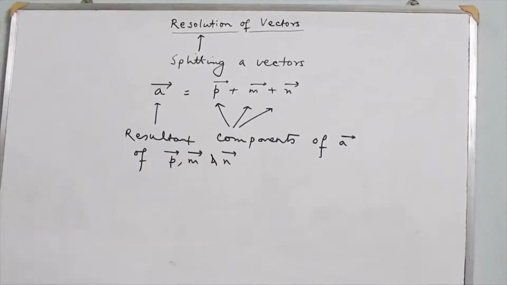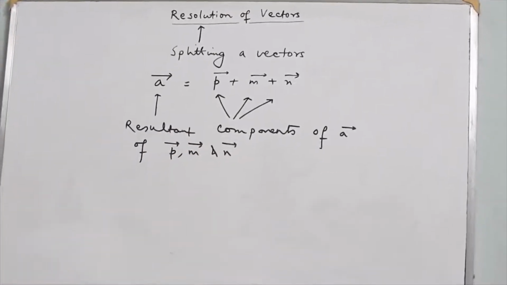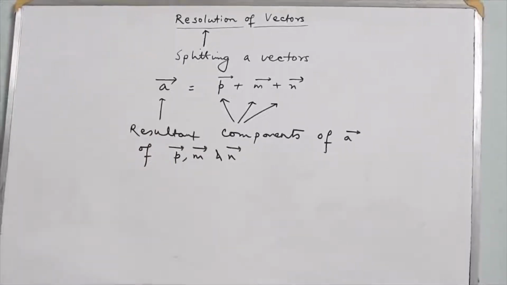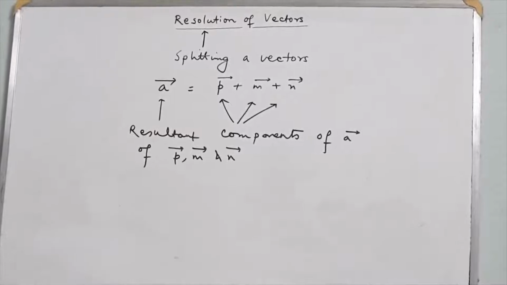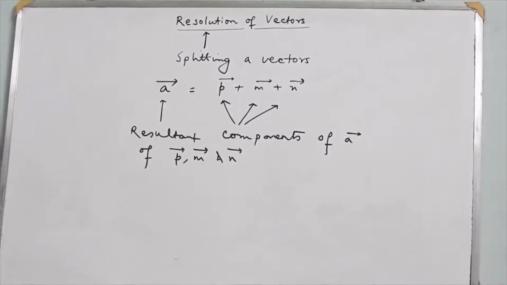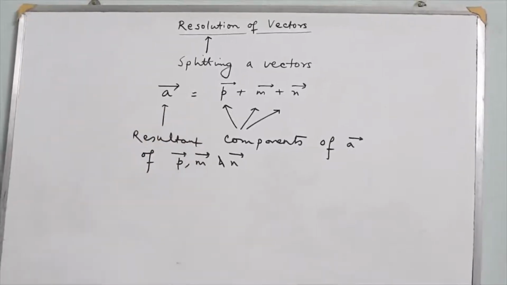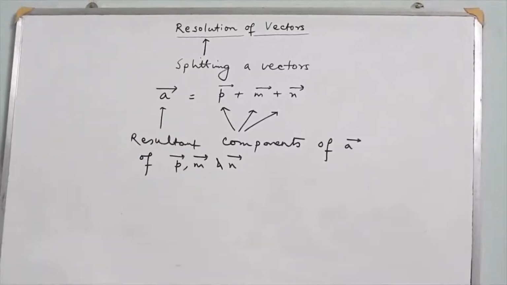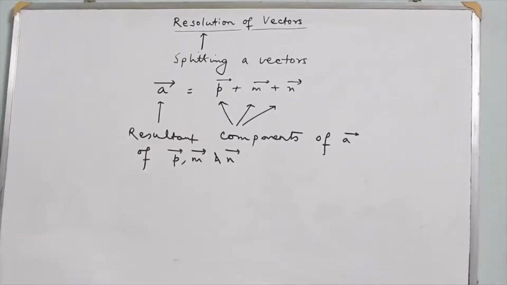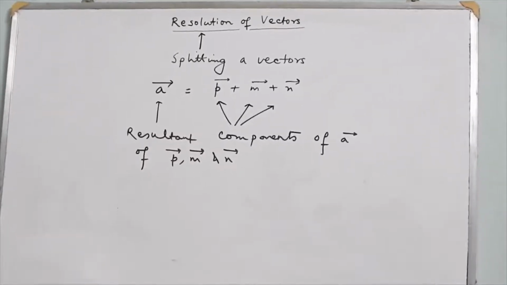Apparently, you might think that the process of resolution of vectors is just opposite to the process of addition of vectors. In addition of vectors, we found the resultant of a given set of vectors. In resolution, we divide or split a vector into different parts.